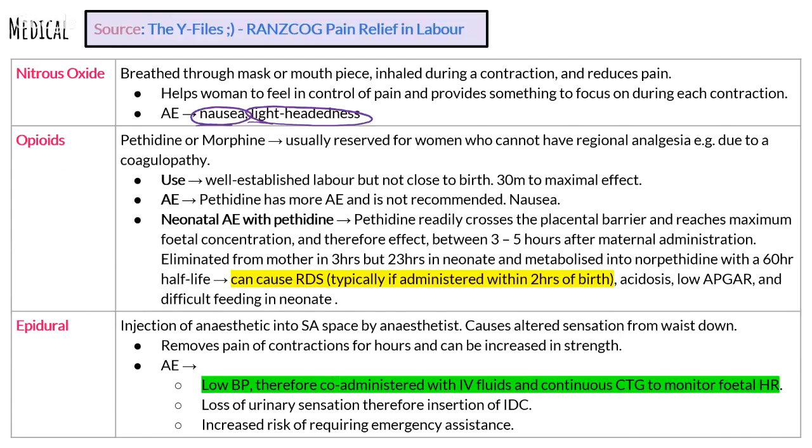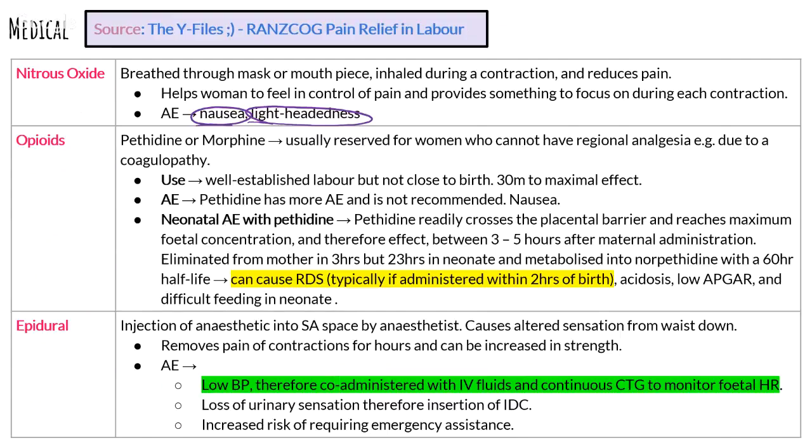Okay. Now the next one is opioids. Now opioids in general are not used very commonly. Okay, but there are a few things that we need to know about it. The 2 most commonly used opioids are pethidine and morphine. Pethidine is not really used much these days. There's a few reasons for that. Initially, back in the historical days, pethidine was thought to have fewer adverse effects than morphine, which is why it was used more commonly.